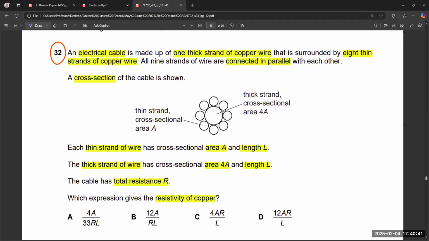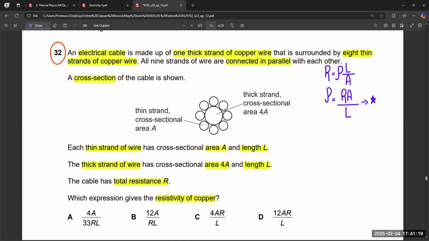R is equal to, because this is the only formula for resistivity, R A over L. So basically, in the question it is mentioned an electrical cable is made up of one thick strand of copper wire and it is surrounded by 8.